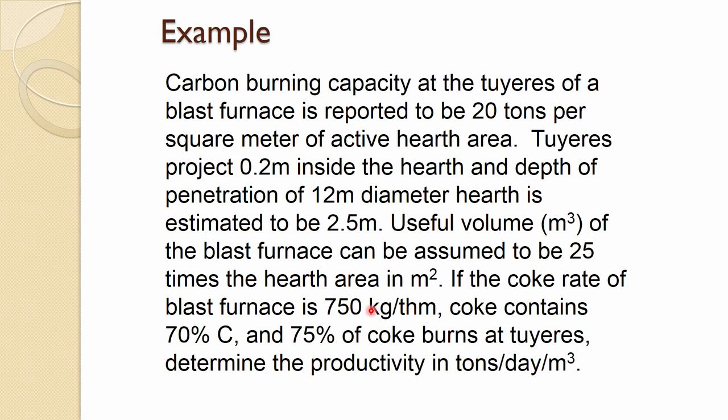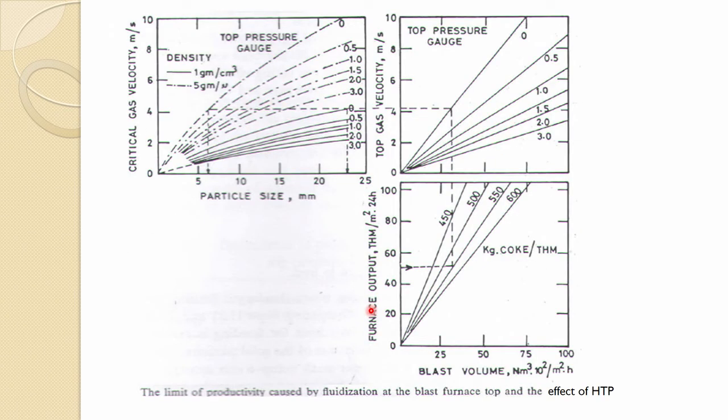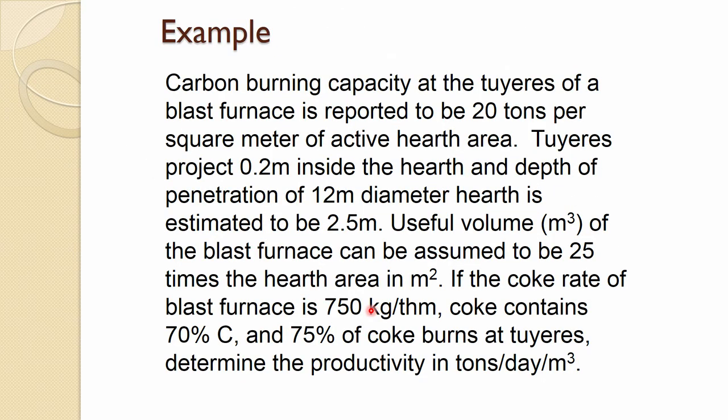You can understand how you can calculate the productivity, besides of course having this diagram or figure which gives the approximate idea. So, carbon burning capacity at the tuyere of a blast furnace is reported to be 20 tons per square meter of active hearth area.